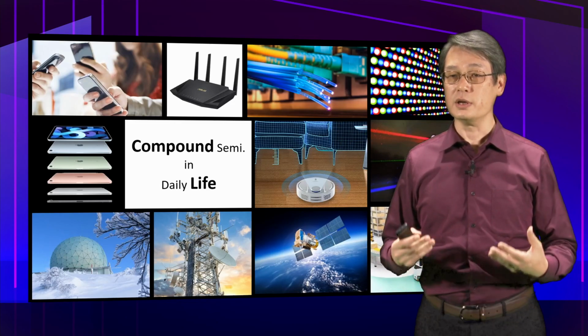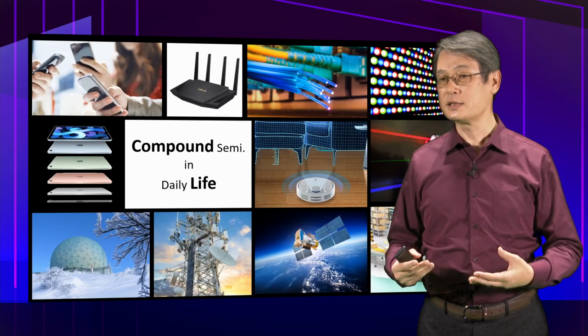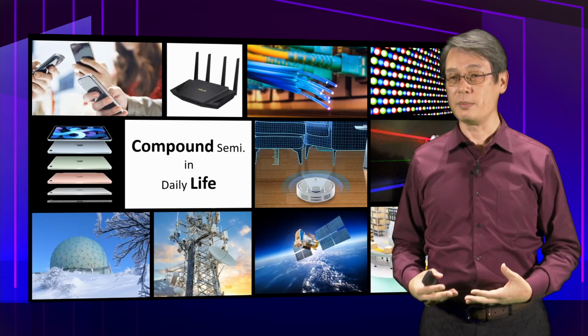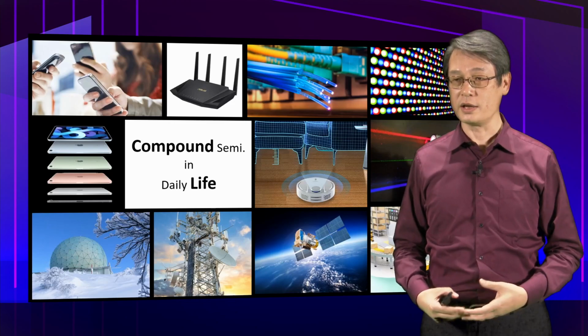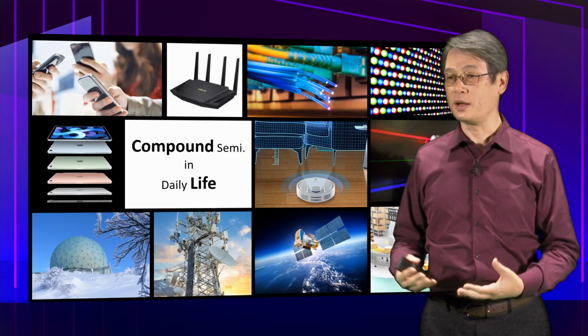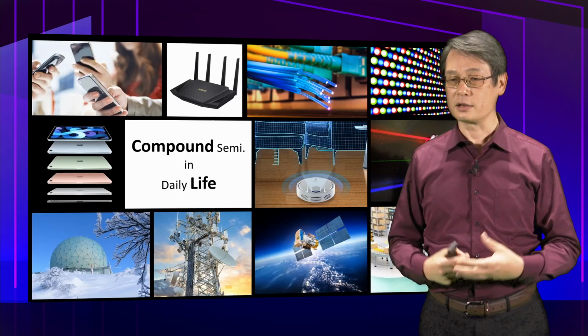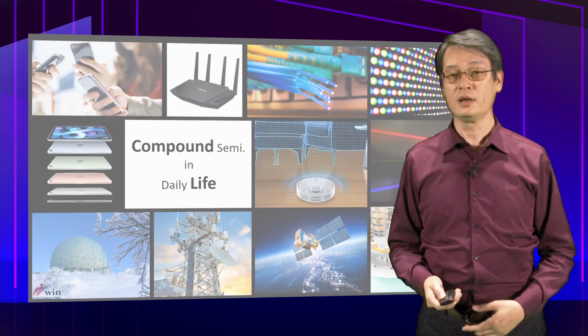The Wi-Fi router also has compound semiconductor parts, and inside optical fibers, compound semiconductors act as the light emitting source and interface IC. In displays, compound semiconductors act as the backlighting. And compound semiconductors are also in satellites, base stations, and radar.